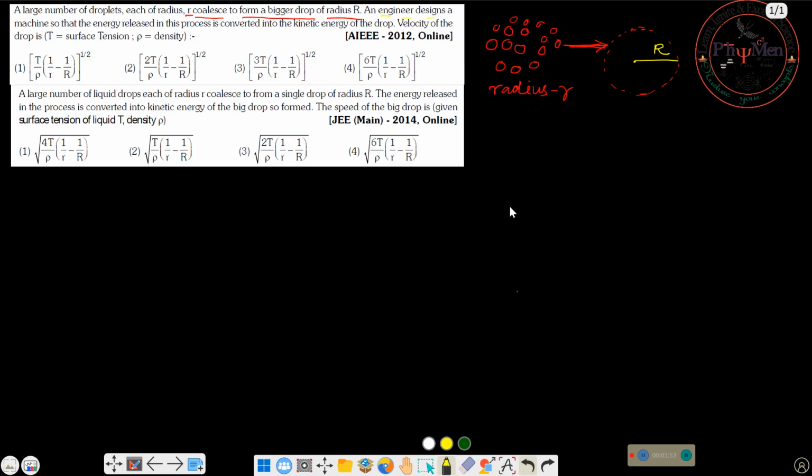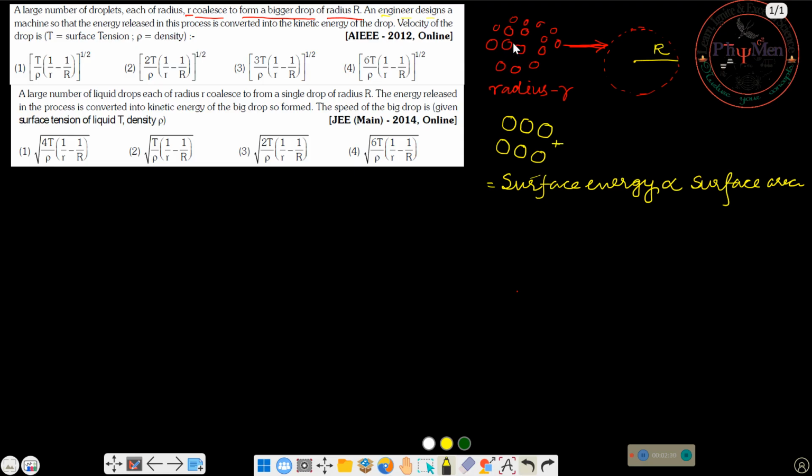Why? As we know, when these are the small droplets, the surface energy will be more here, because surface energy is proportional to surface area. If the molecules have more surface area, then there will be more number of molecules.